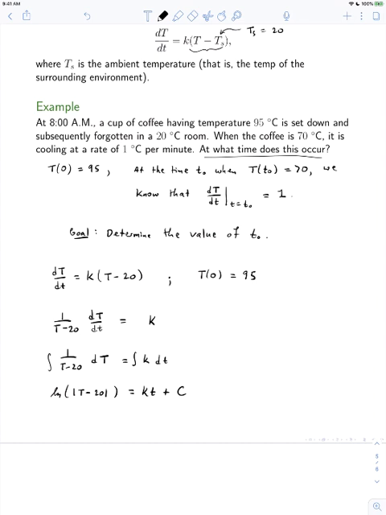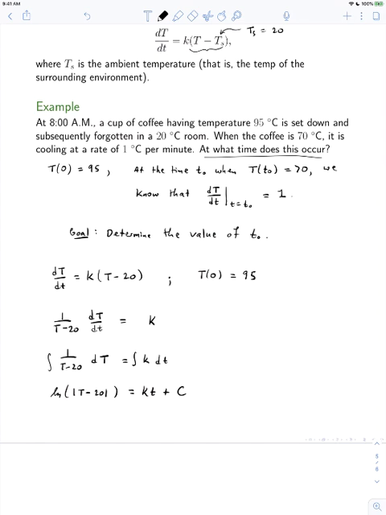In a limiting sense, we would expect the coffee to cool to room temperature, which is 20 degrees. So whatever function we end up with giving us T, if we solve for that T, what we would expect is that the limit as t goes to infinity would be that T should equal 20. We'll see if that actually happens.